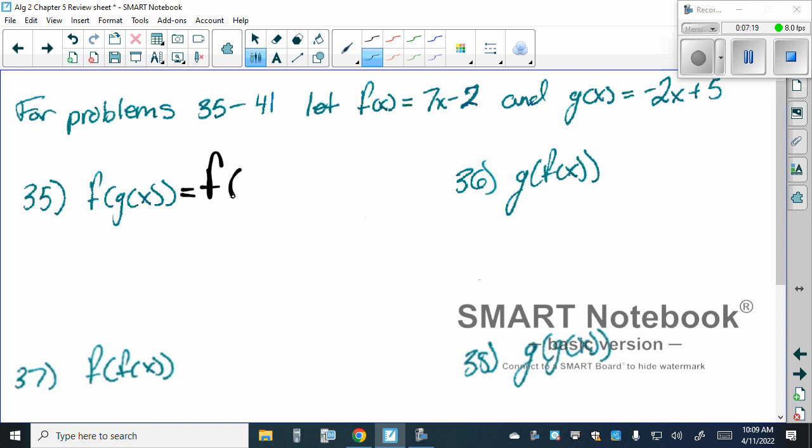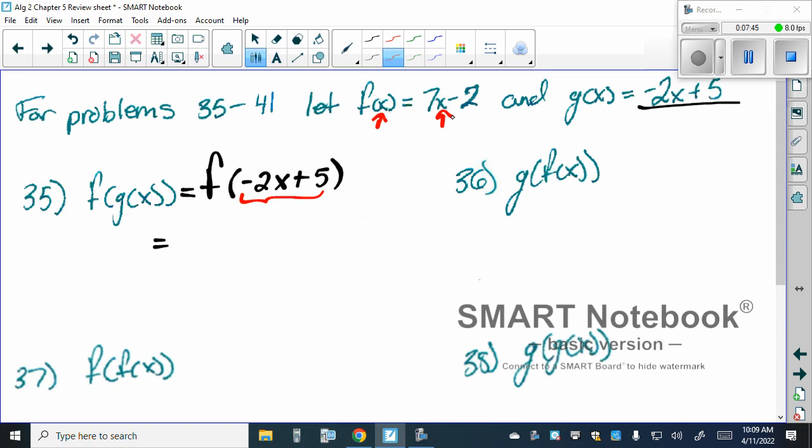For us here, what is g of x? So I'm going to replace g of x with negative 2x plus 5, because we essentially plugged in x for x into g of x, which gives us negative 2x plus 5. Now what we're going to do next is take the negative 2x plus 5 and plug it into f of x.